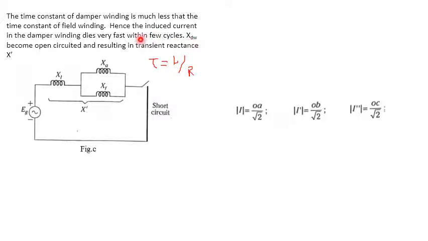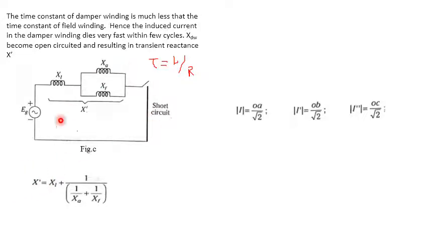Hence XdW becomes open circuited, resulting in a reactance X dash, which we denote as the transient reactance. Whenever we write X dash, that is the transient reactance.